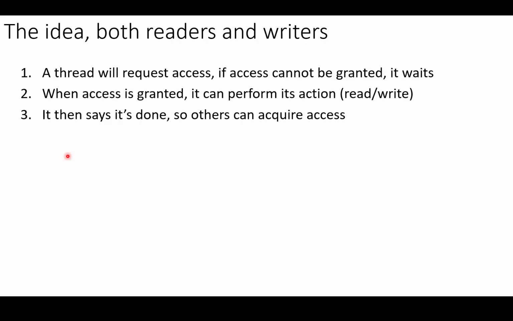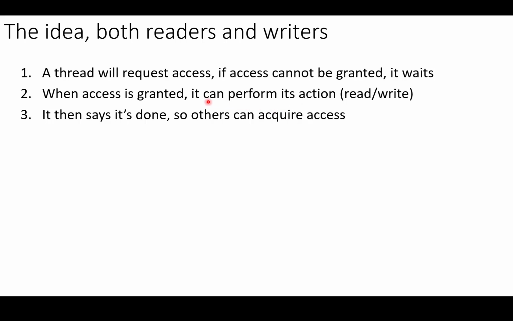So in order to get access to a shared resource, these are the steps that we will use. A thread will first request the access, and if access cannot be granted, it will wait. If it can be granted, we move on to the second one. In the second point, it has been granted access. You are now allowed to do whatever you want, either read or write. So it can perform that action.